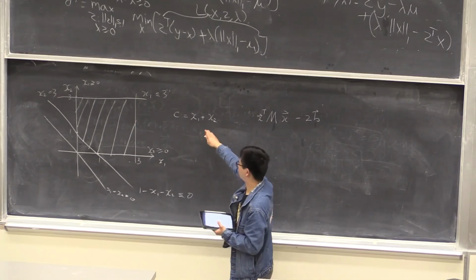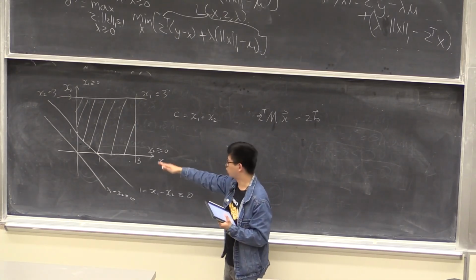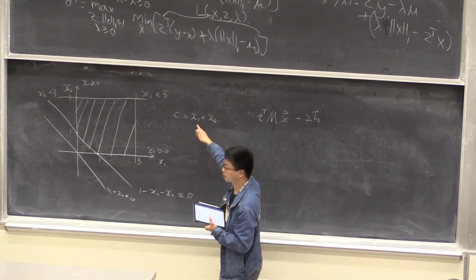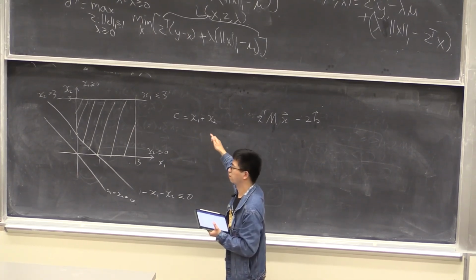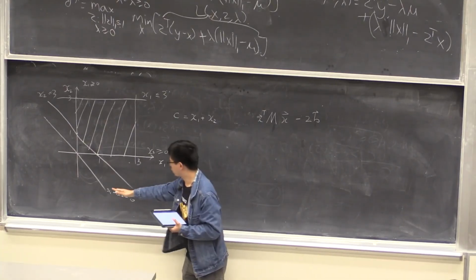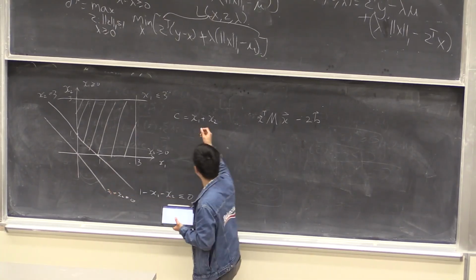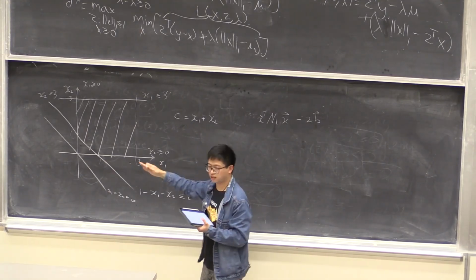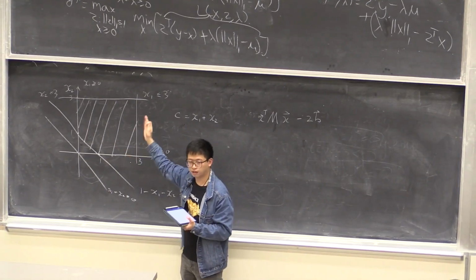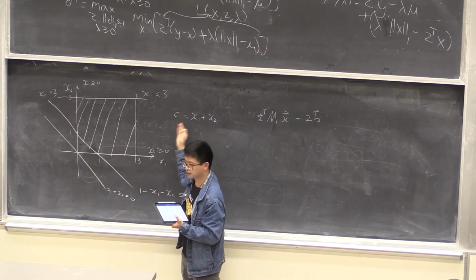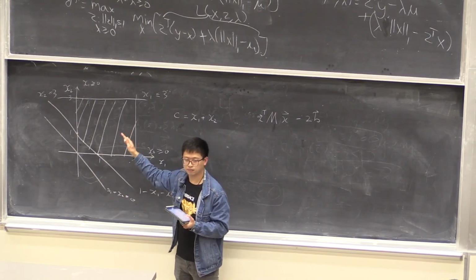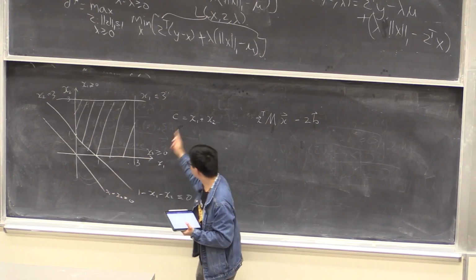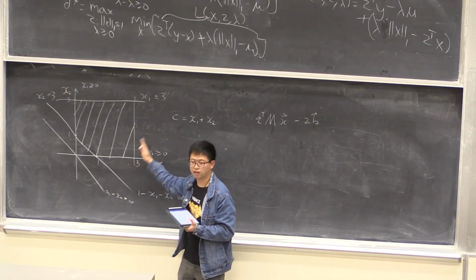So I'm just saying one way to find the optimal solution is to think of what we are optimizing as c, and we can plot this line. It's the level sets, right? Yes. By changing this c, we're moving this line up or down.